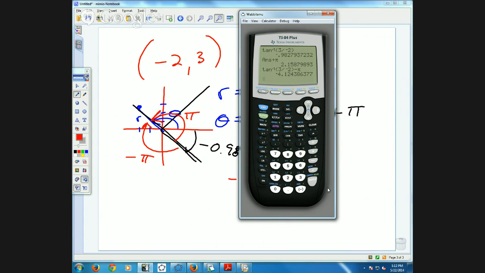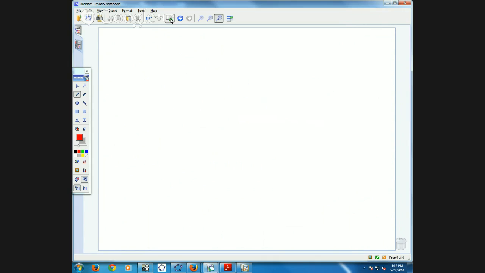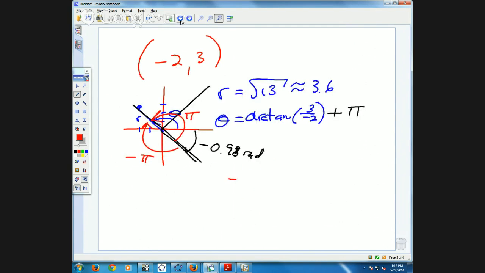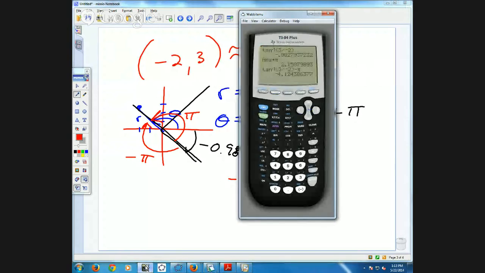So here's another problem with polar coordinates with that in mind. I could either say this point is approximately, because I had to round my angle, R is the square root of 13. I can do that exactly, but as far as the angle, I can't do that exactly without using the arctangent notation. What did we get again? 2.16, -4.12.